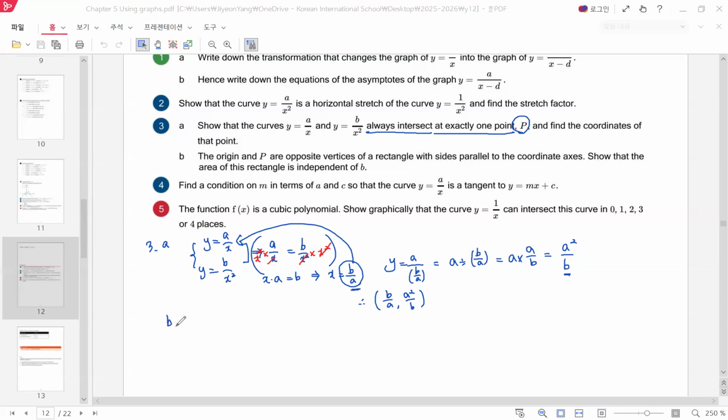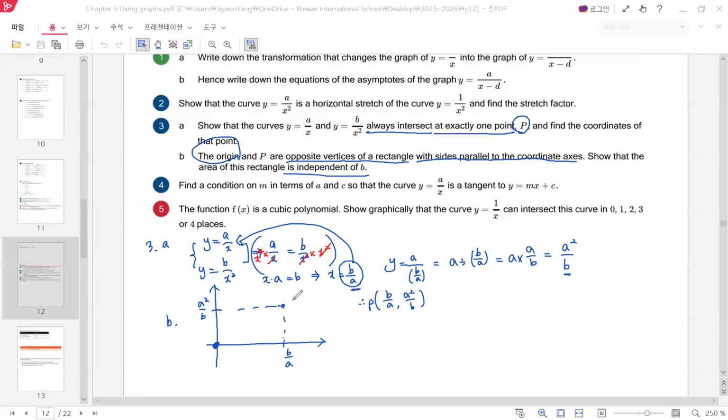Let's see question B. The origin and P are opposite vertices of a rectangle with sides parallel to the coordinate axes. Show that the area of this rectangle is independent of b. Let's see the origin and P. We don't know the exact point, but let's just assume b over a here and a squared over b here.